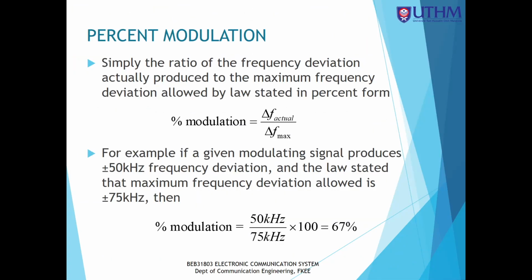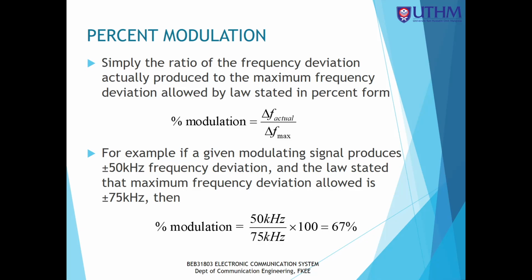Another parameter is what we call the percent modulation. Simply, it is the actual radio frequency deviation compared to the maximum frequency deviation allowed by the law, stated in percent form. So we compare the delta F actual with the maximum delta F, which is defined by the standard or by the law stated by the government.